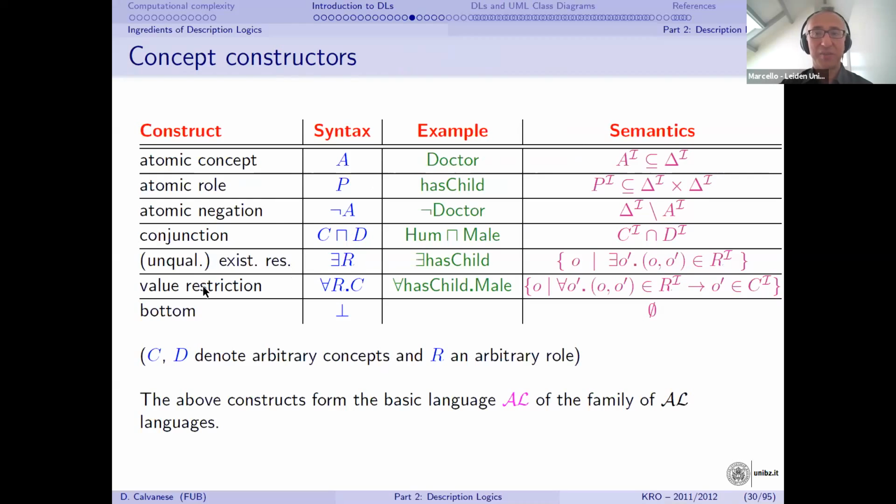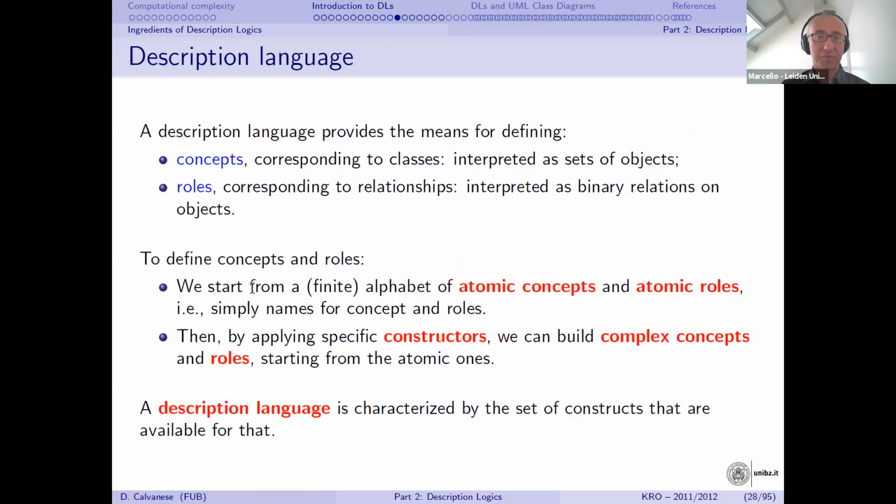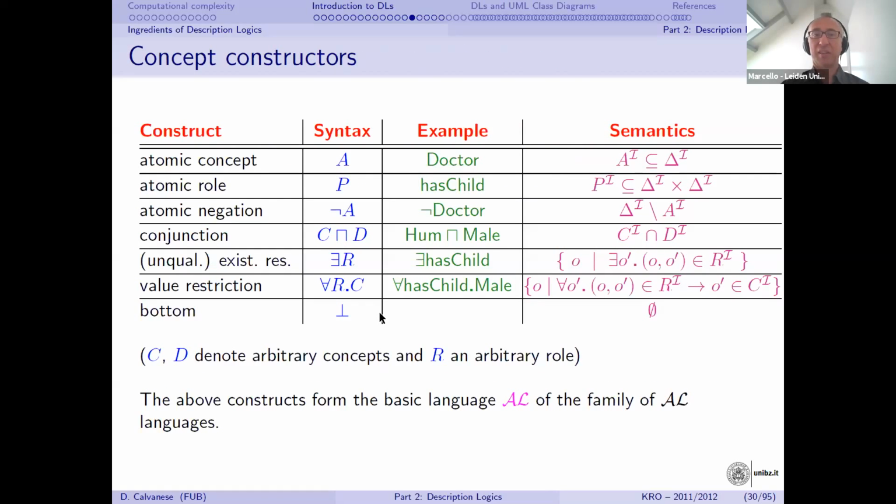Then you have negation, which is clear, conjunction, and then you have the existential and the value restriction. One has to go into the details to get all this. So it's a kind of restricted existential and universal quantification.